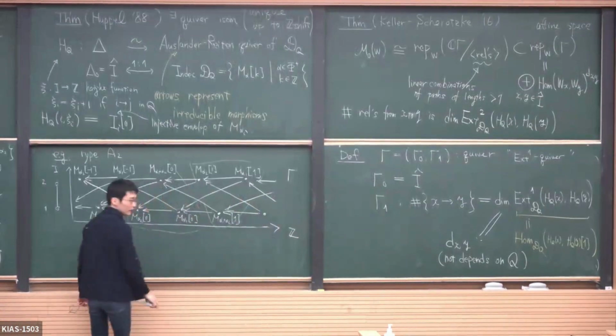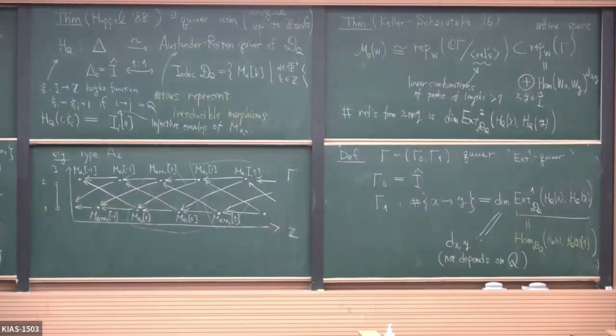Excuse me? I can understand a little bit. So on the right-hand side, rep W gamma, that's the vector space, right? And on the left-hand side, it's an affine variety. In the middle, my question is, does the middle say something about how curvy the affine variety is?